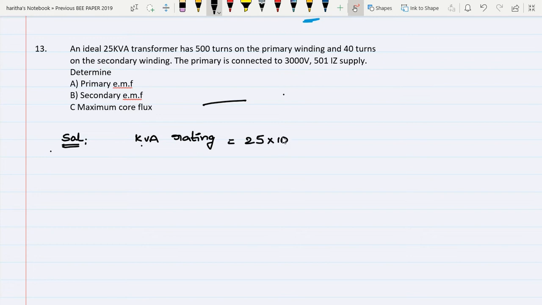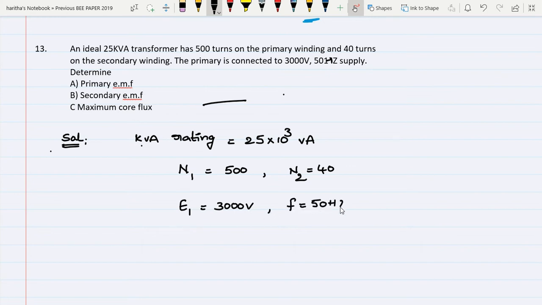That means 25 into 10 cube volt amperes. It has 500 turns on primary winding, that means number of primary winding turns N1 is equal to 500. And secondary winding turns are also given, N2 is equal to 40 turns. And primary is connected to 3000 volts, means E1 is equal to 3000 volts. This is a 50 Hz supply, and frequency is also given, f is equal to 50 Hz.